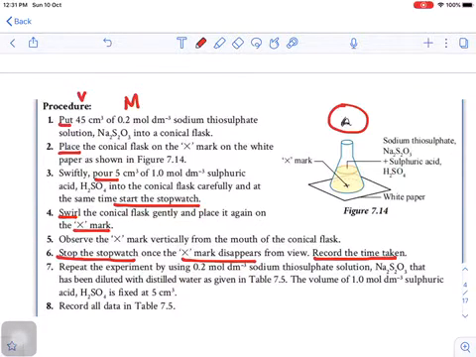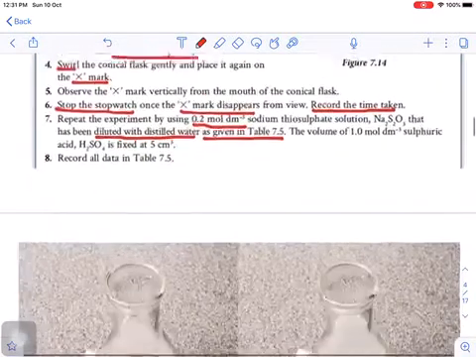Repeat the experiment by using 0.2 mol per dm³ sodium thiosulfate that has been diluted with distilled water as given in table 7.5. The volume of 1.0 mol per dm³ sulfuric acid is fixed at 5 cm³. Maksudnya kita cairkan.